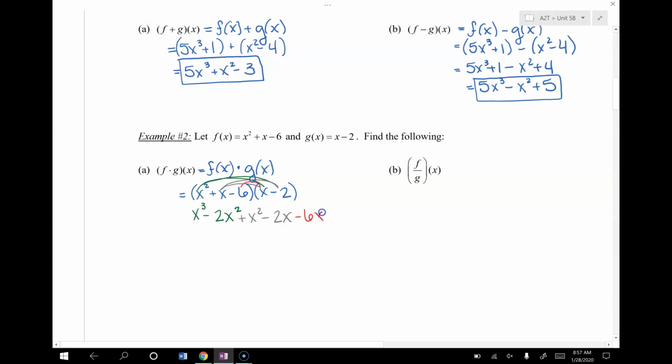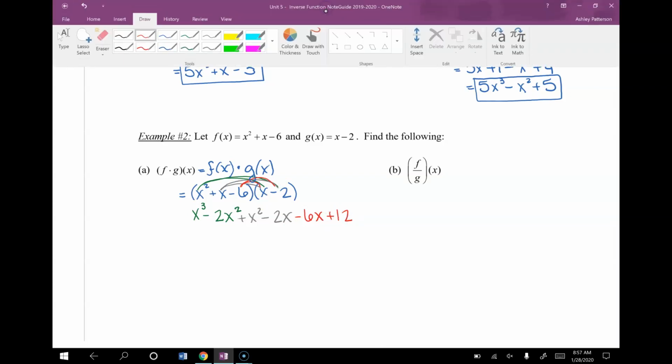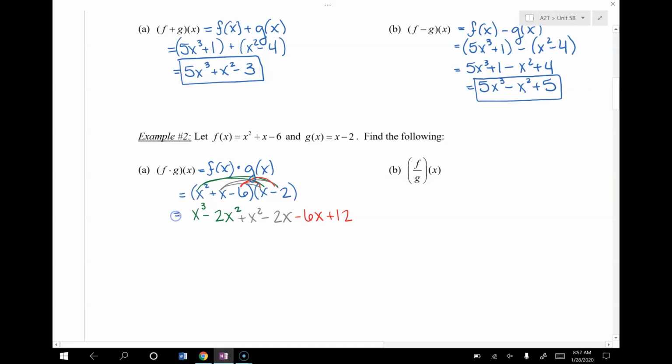So we get negative 6x, and then negative 6 times negative 2 gives us positive 12. Okay, so at this point, we've distributed everything in the first quantity to everything in the second. I'm going to combine like terms. I get x cubed, and then we've got minus x squared minus 8x plus 12. Whew, all right, nice work.